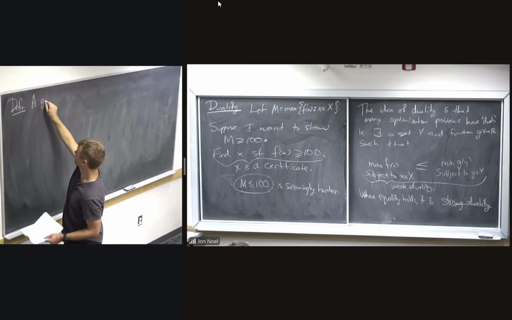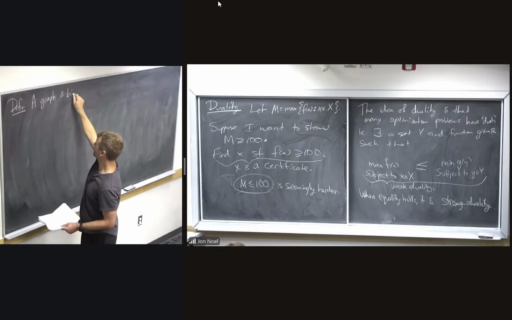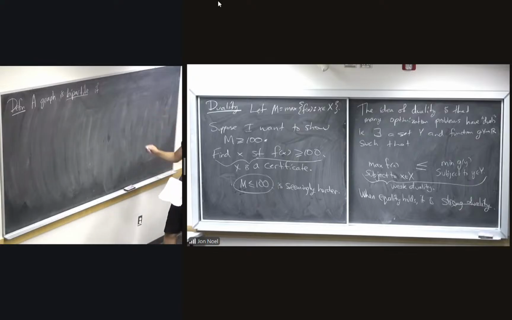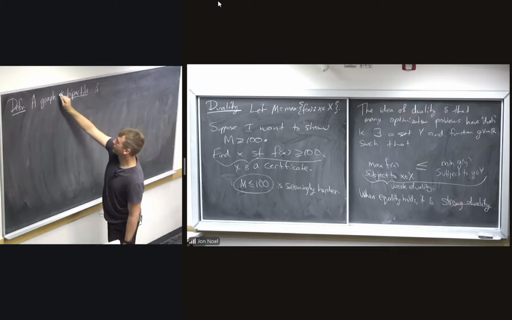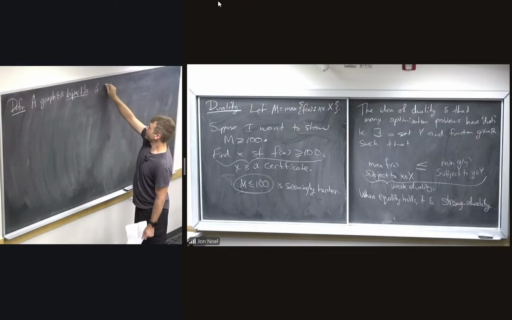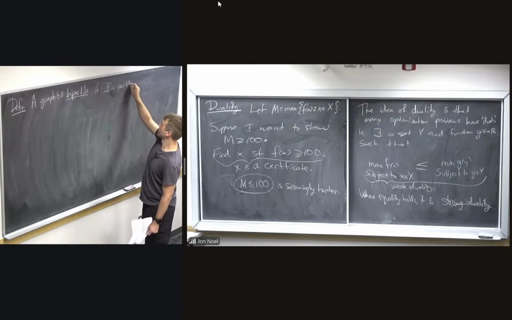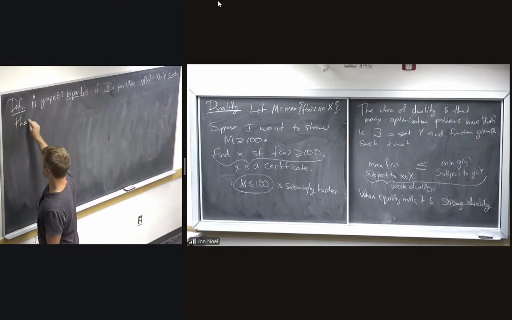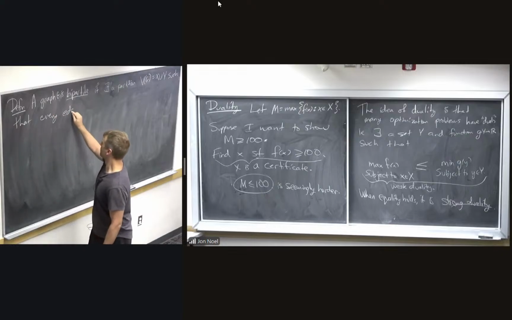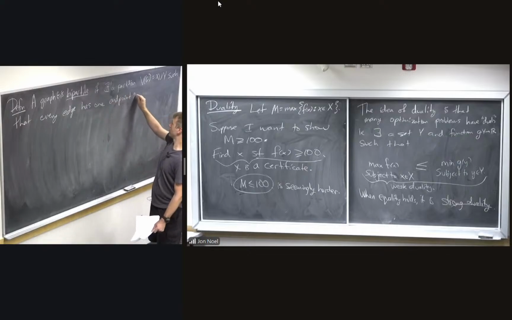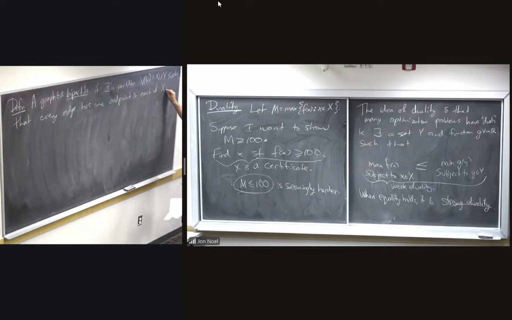So a graph, let's say the graph is called G. The graph G is bipartite if there exists a partition of the vertex set V of G into X and Y such that every edge has one endpoint in each of X and Y.